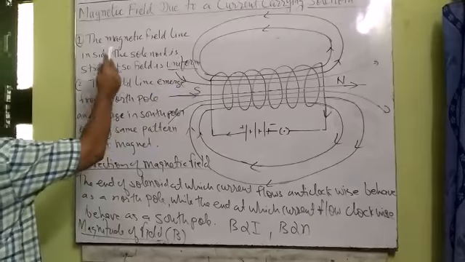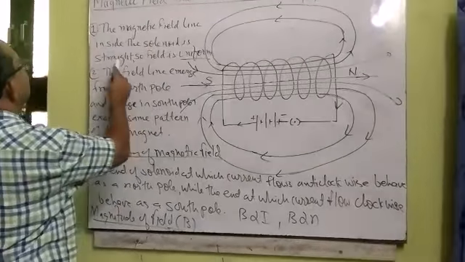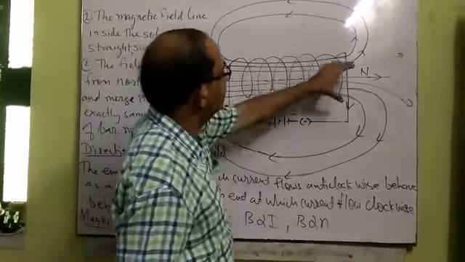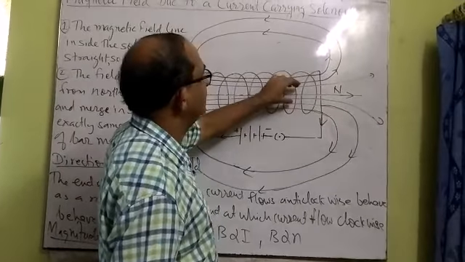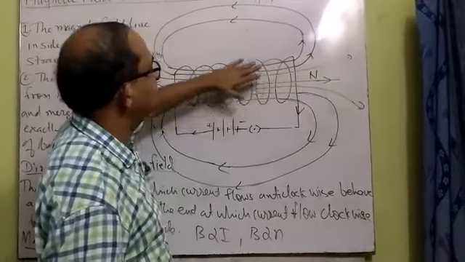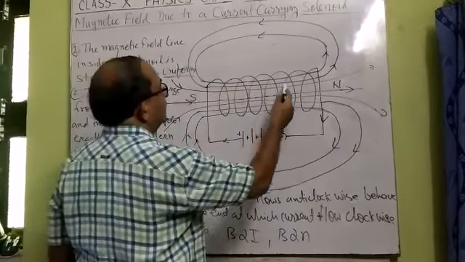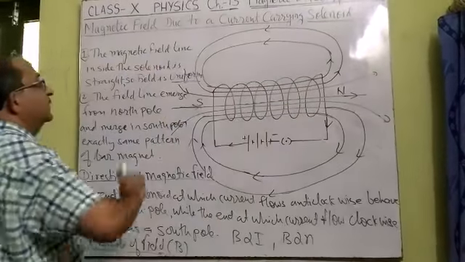The characteristic of the magnetic field is that the magnetic field lines inside the solenoid are straight, so the field is uniform. You can see inside the solenoid the magnetic field lines are close together, straight and parallel to each other. That is why a uniform magnetic field is produced inside the solenoid. But when we look around it, the pattern is the same as a bar magnet.